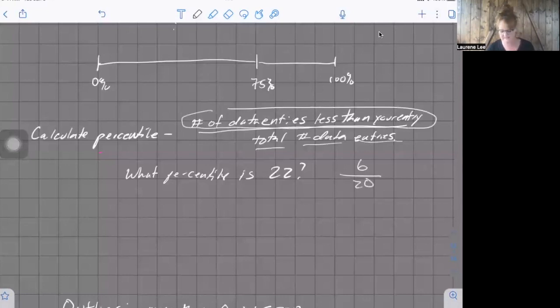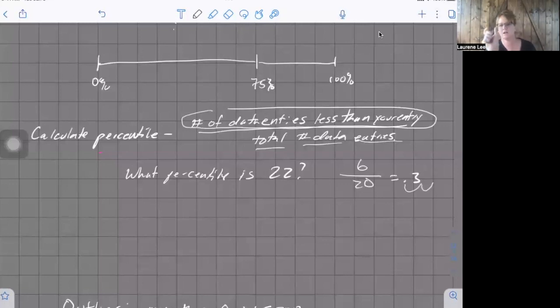So I'm going to take 6 divided by 20, and a percentile wants to be in percentage form. The way you go from fraction form to percent is you divide the two, first of all, 6 divided by 20, and that's going to give you a decimal. So when I divide that out, I get 0.3. And then you take that decimal, and to turn it into a percentage, you move the decimal 2 to the right. So I'm going to take this and move it 1, 2 to the right.